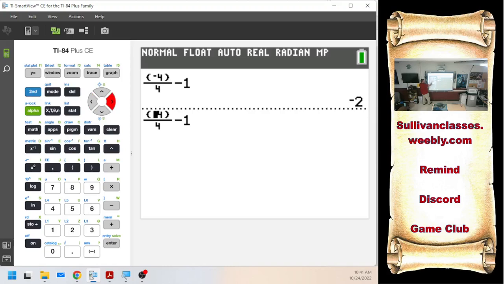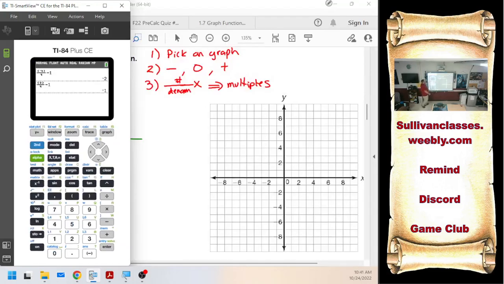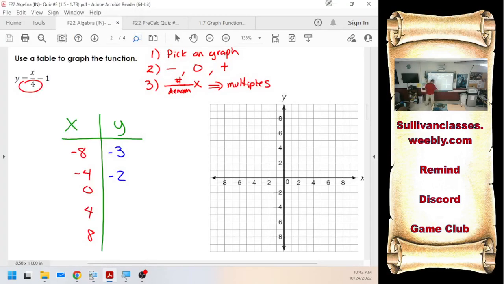Turn that to a 0. Womp. And you get to see the pattern pretty quick, right? -2, shoved a 0 in there, -1, going up by 1 every time, right? 0, 1. Plot your points.